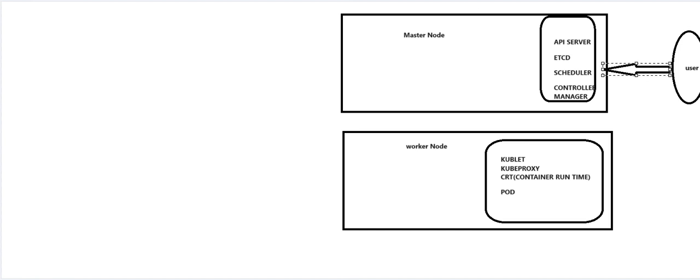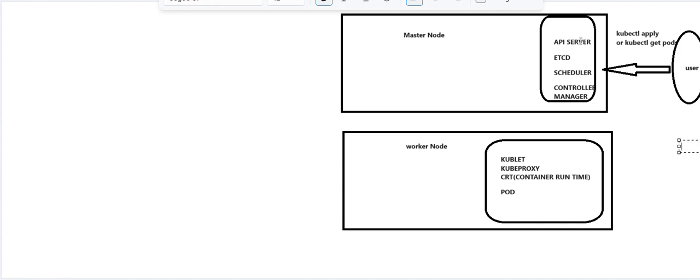As soon as the user or operator enters kubectl apply or kubectl get pods, or any command like this, first of all it will reach out to the API server.